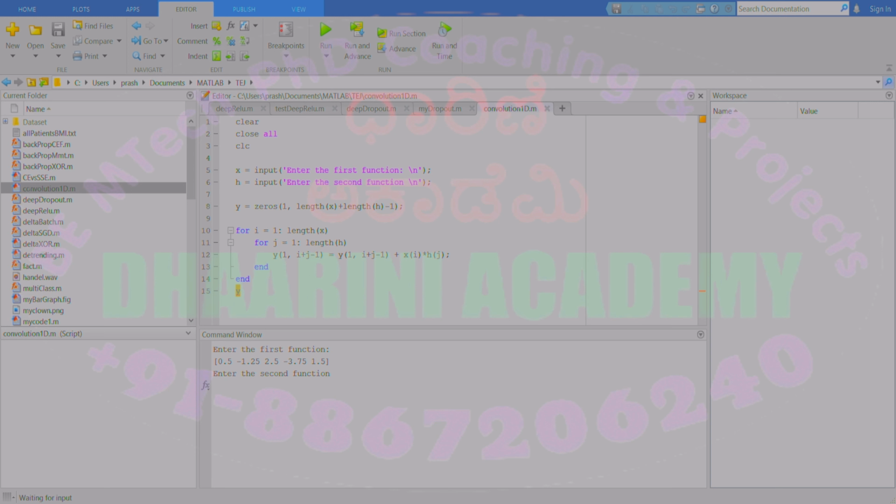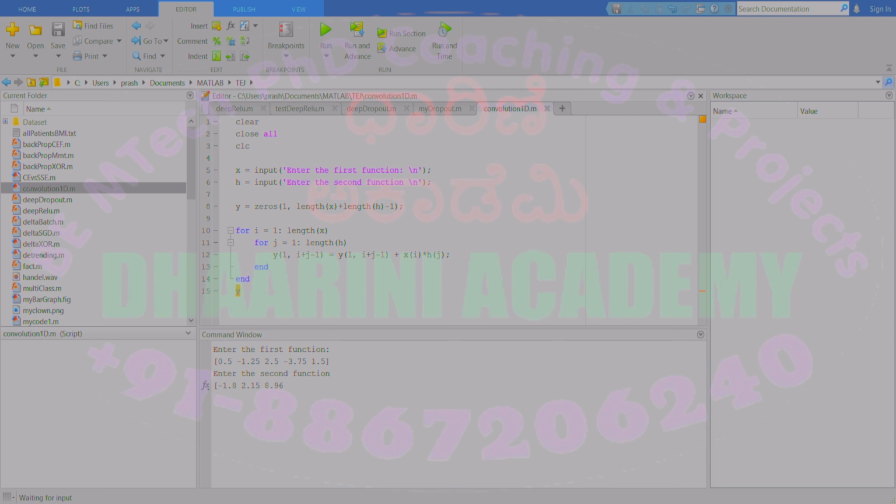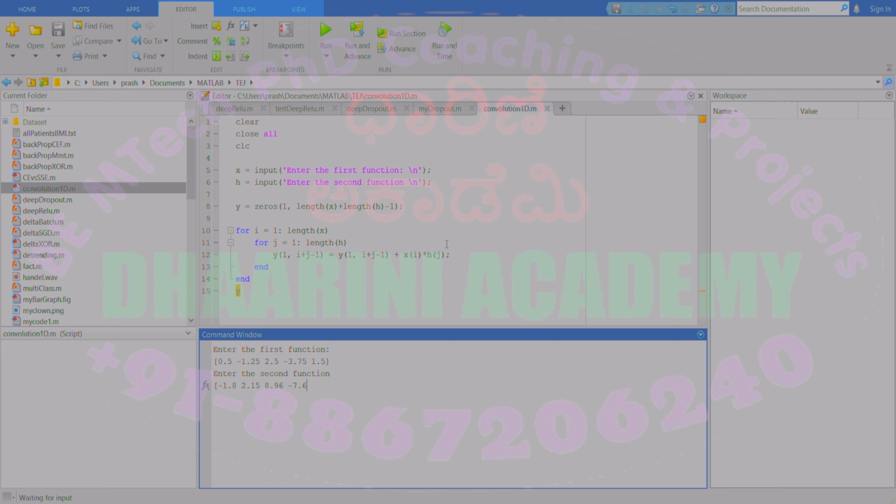It's asking to enter the second sequence. So this is minus 1.8, 2.15, 8.96, minus 7.67.